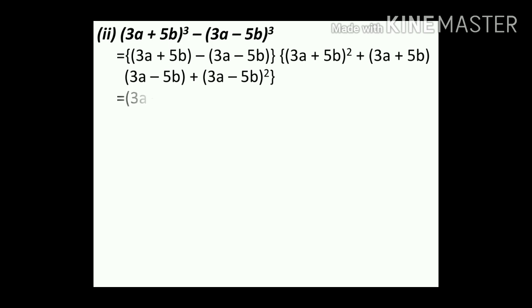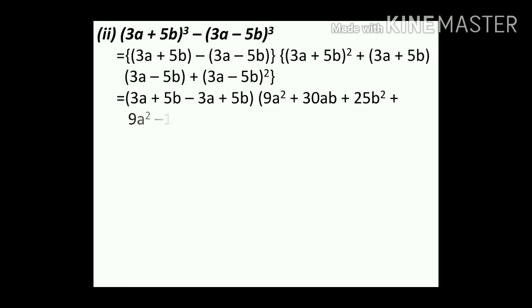Now open the brackets. 3a plus 5b minus 3a plus 5b, and here in the second bracket, children, 9a square plus 30ab plus 25b square. We have expanded, children, by using the formula a plus b the whole square. Now these two brackets we have to multiply.